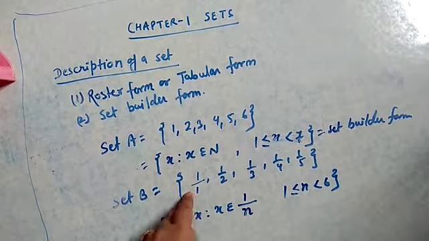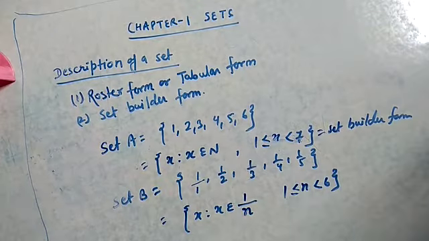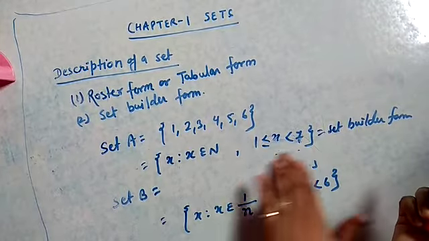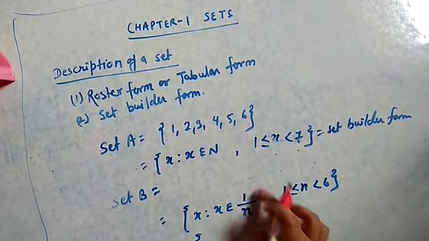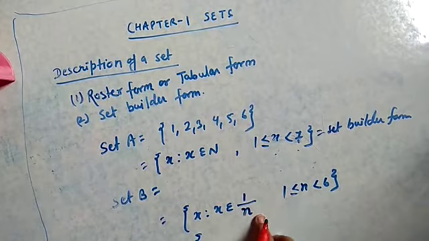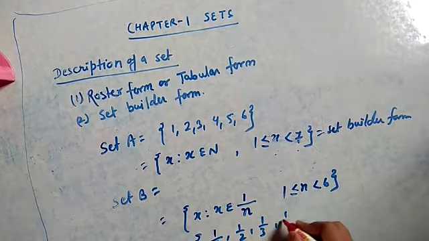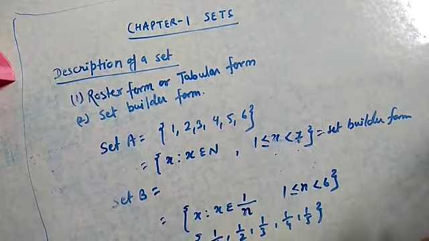Means n starts from 1 but goes up to 5 only, so less than 6. So we can write 1 by 1. Now if I write only this one, 1 by n, and we start from 1, then 1 by 1, 1 by 2, 1 by 3, 1 by 4 and 1 by 5. So again we will get the same elements.